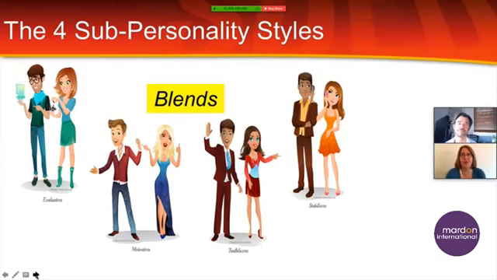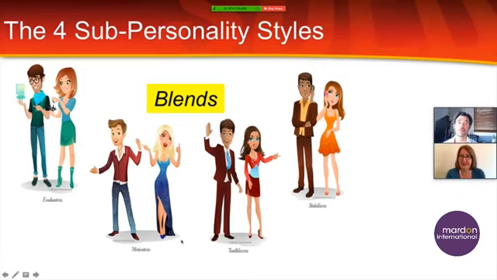When we go through the answers to the quiz that will help you determine your sub-personality style, the results may show that you have a high percentage of, say, evaluator sub-personality style, and you may also have a percentage of trailblazer and perhaps motivator. So we're not really just fitting into one sub-personality style. Depending on the situation, we can often have a blend.